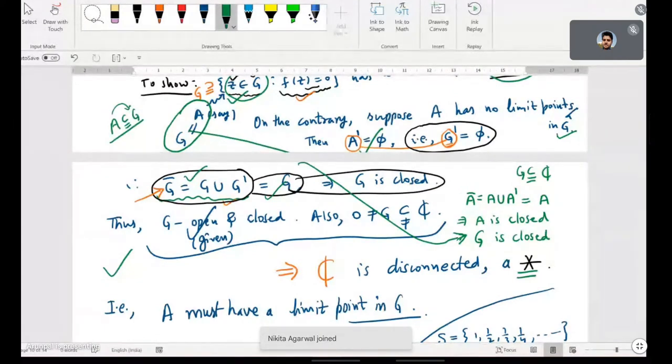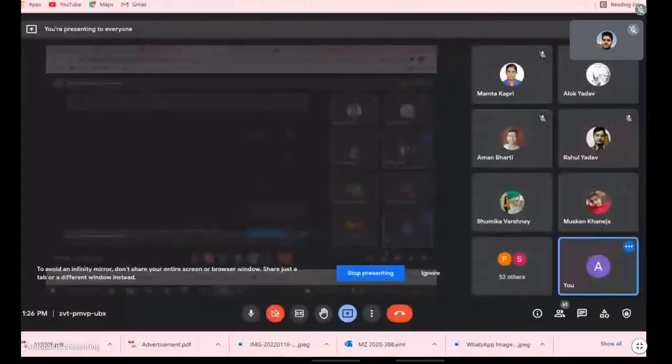Very good. So if a set is connected, then the empty set and the set itself are the only sets which are both open and closed. This statement I am going to make use of today.